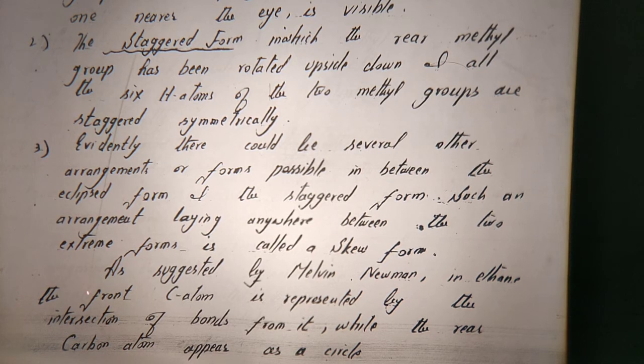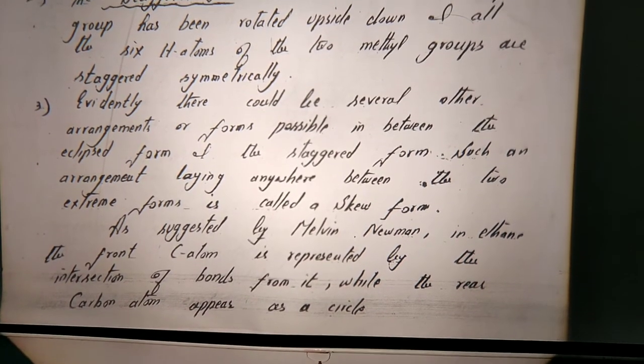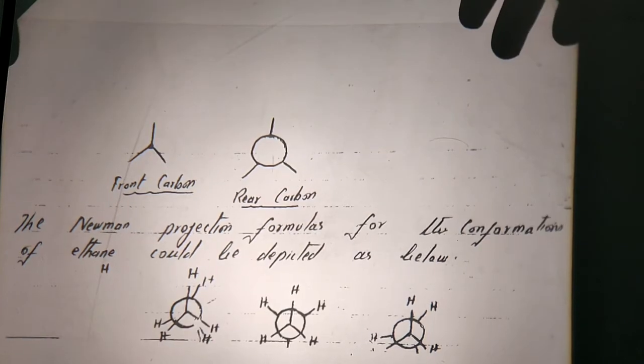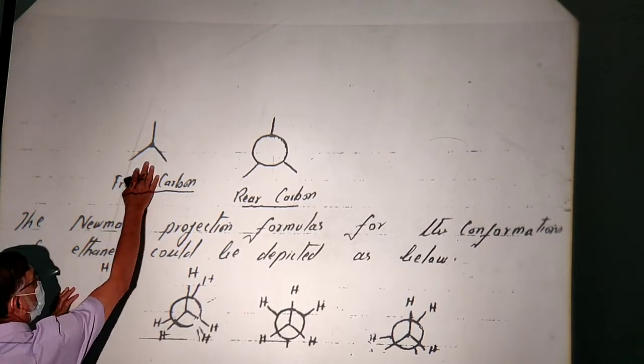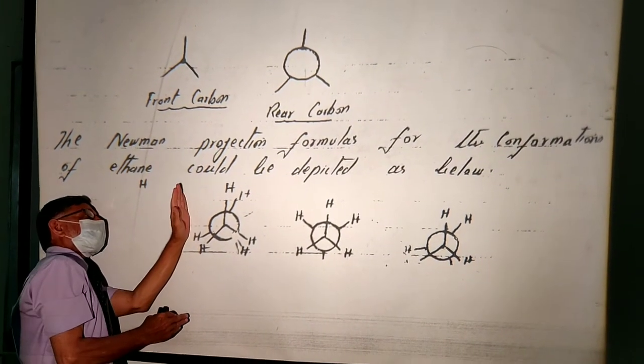As suggested by Newman, in ethane, the front carbon atom is represented by an intersection of bonds from it, while the rear carbon atom appears as a circle. Now, this can be visualized here. So this is the front carbon. Look, we are looking from here.